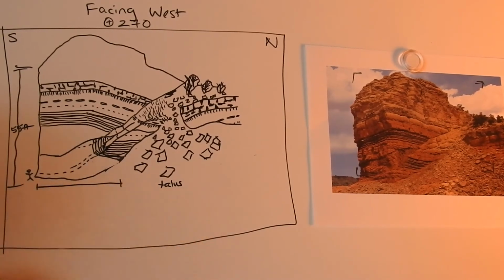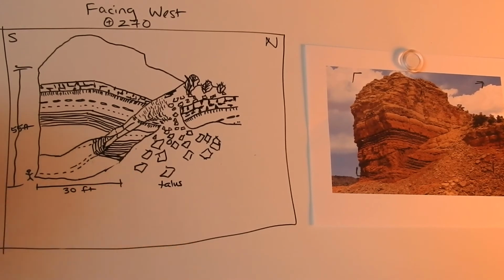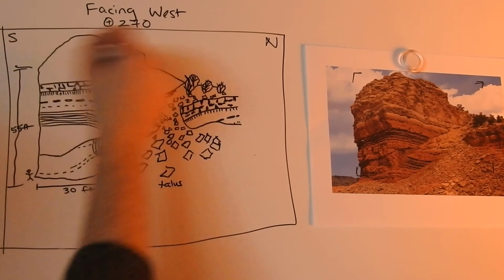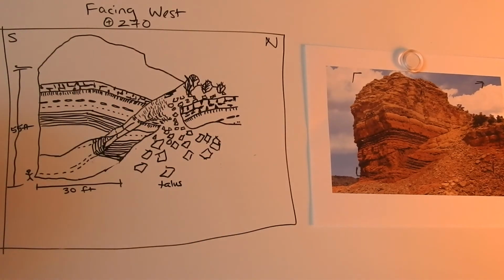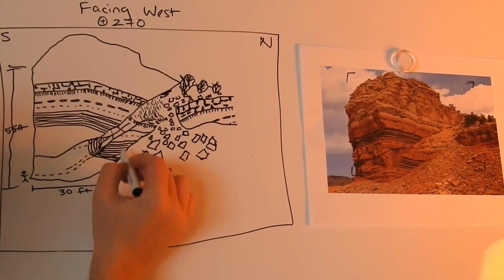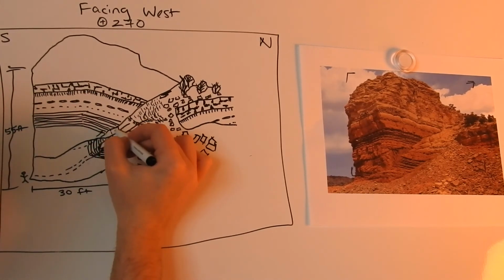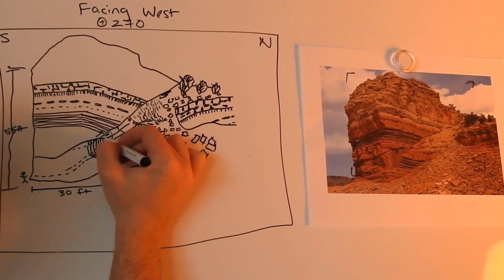And then you can pace some part of that outcrop. Let's say you paced that bottom and you found it to be 30 feet. Okay, so now you've got a direction, you've got a scale. You're going to label these units. So let's say we're going to label some of these fault surfaces with our arrows.